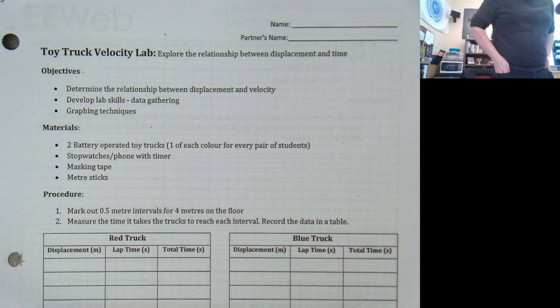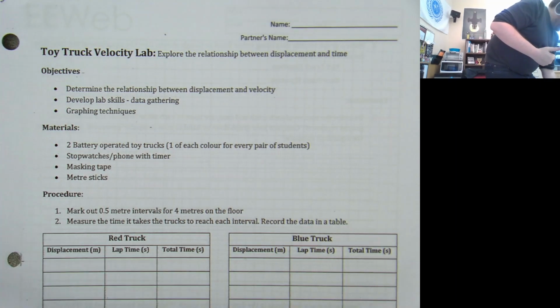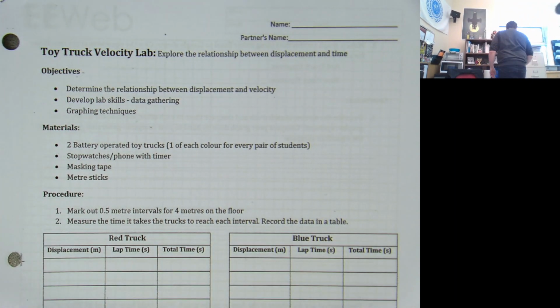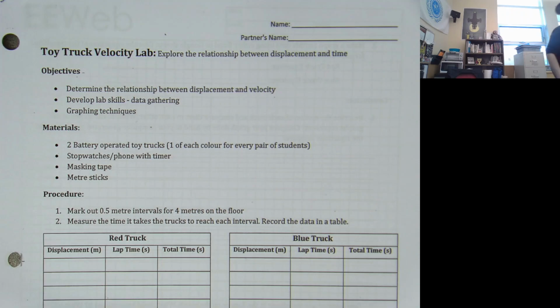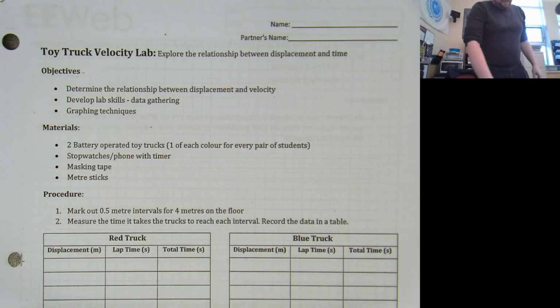What you guys are going to do, you're using a stopwatch, or all of you have timers on your phones. You're going to get some masking tape from me and a couple meter sticks. Meter sticks are over here. The masking tape is over here as well. Here's what you guys are going to do.